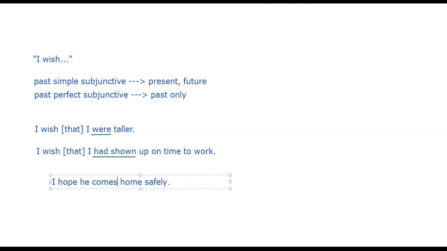Nowadays, you would just say, "I hope he comes home safely," or "I hope he will come home safely." You wouldn't say "I hope he were to come home safely." We wouldn't use the past subjunctive after hope.